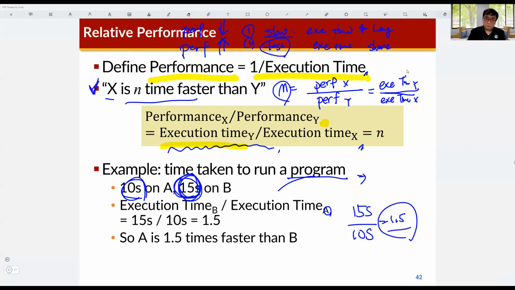So when we compare the performance of computer systems X and Y, we just compare the execution time of Y with the execution time of X. So execution time of Y divided by execution time of X. You need to remember that. So the performance is inversely proportional to the execution time. So when you are asked about the performance of the system, then you need to measure the execution time, okay?